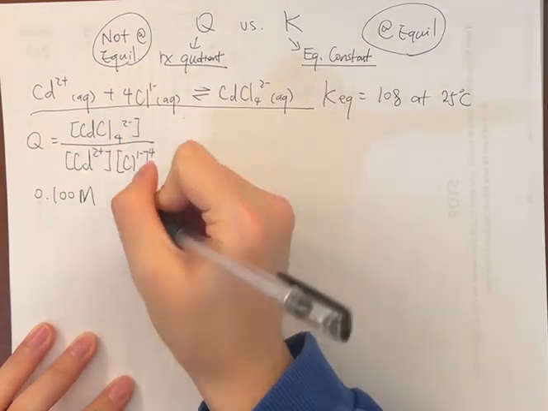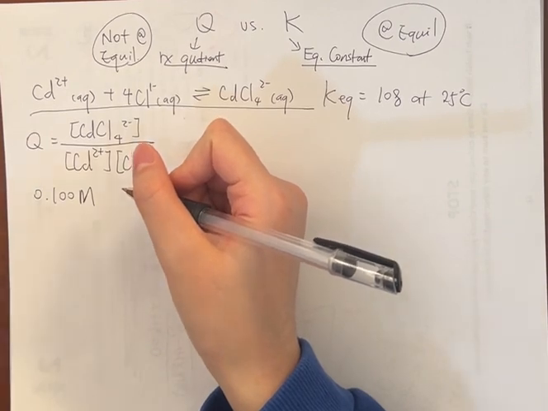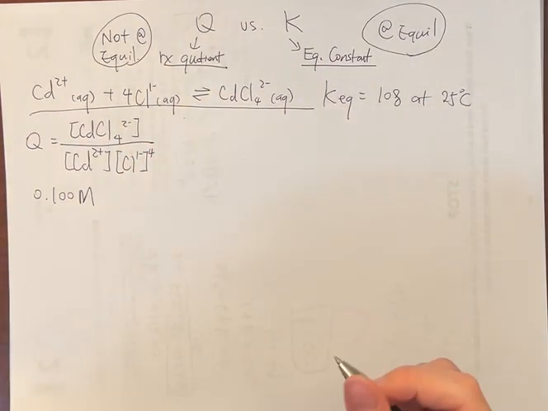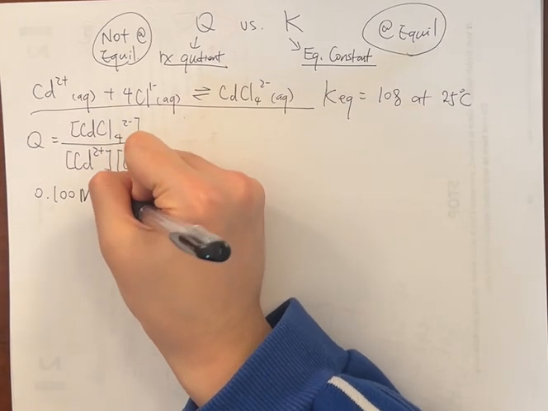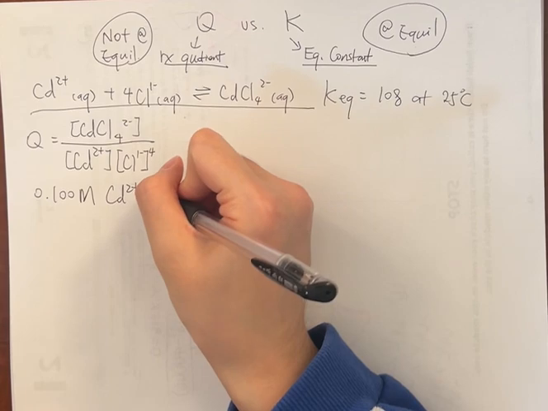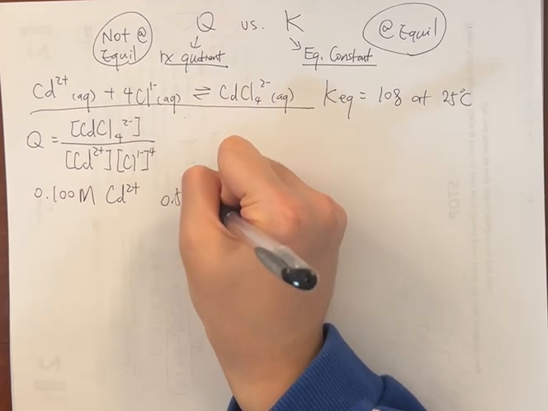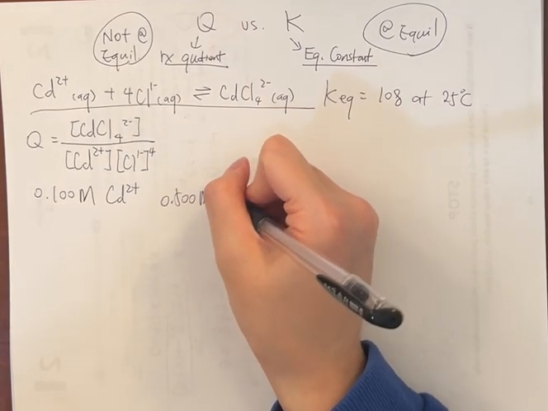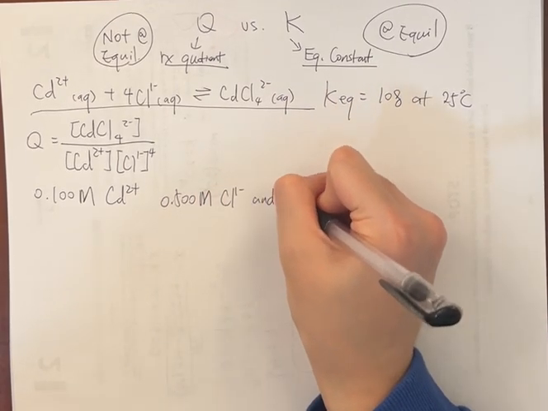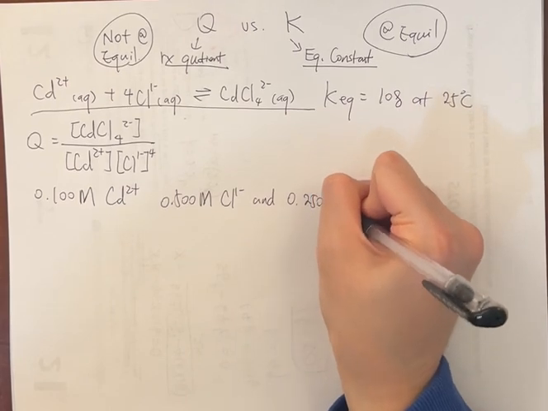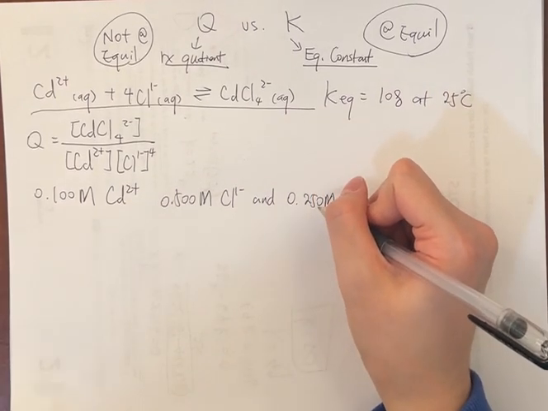Okay, and then the second thing, it says a reaction vessel contains 0.100 moles of cadmium ion, so which means this, and then 0.500 moles of chloride, so it's this, and 0.250 of tetrachlorocadmate, okay?